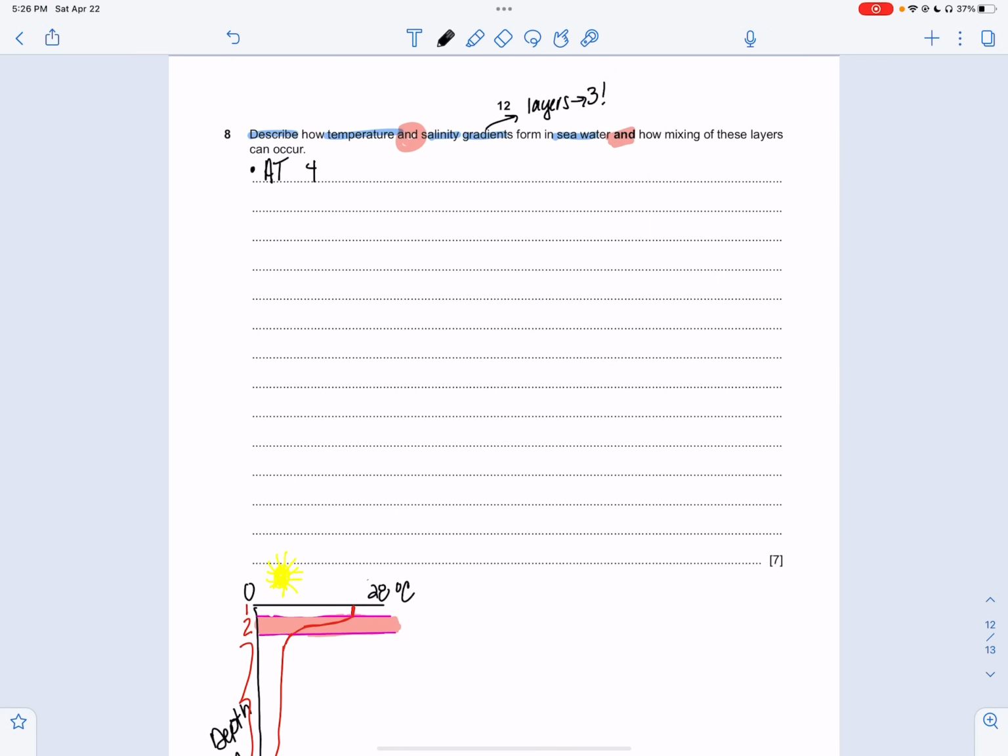All right, at the surface, or you could say the epipelagic layer. Pelagic means open ocean. Water is warm. Water is heated.